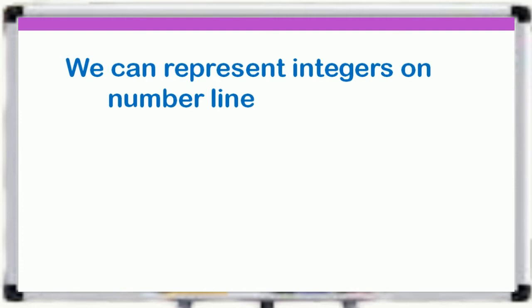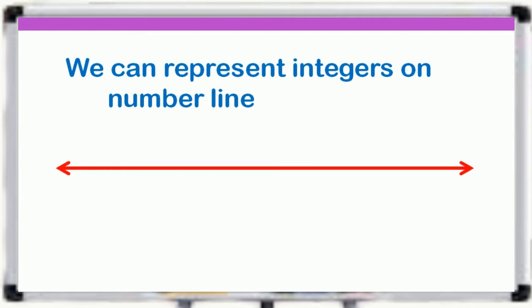Similar to natural numbers and whole numbers, we can represent integers on a number line. First, you have to draw a straight line, then divide the straight line into equal parts. At the middle of the line, write 0. On the right side of 0, write positive numbers 1, 2, 3, 4, 5, like that.